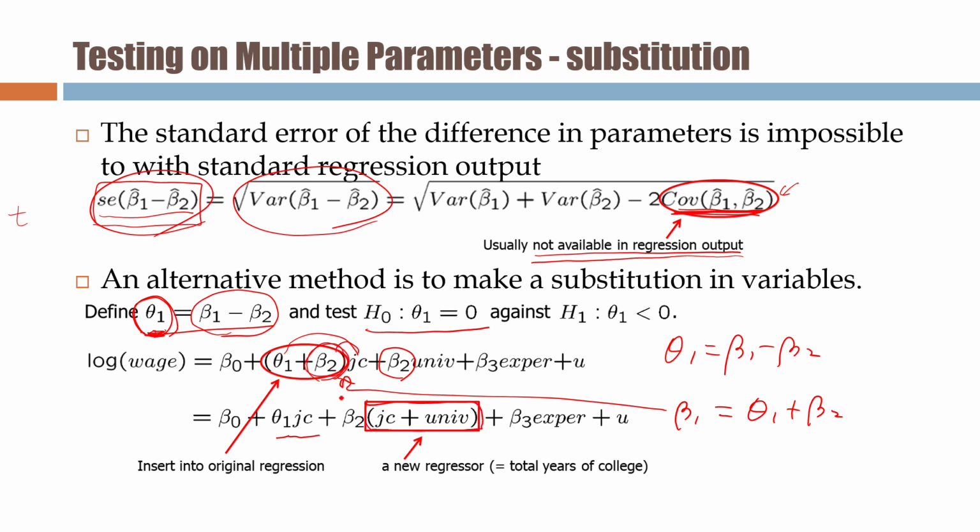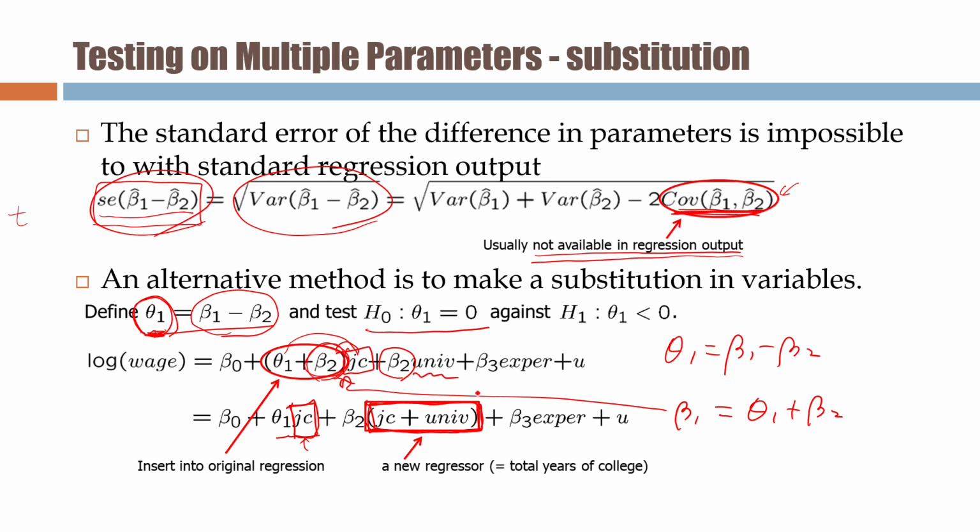So beta 1 times JC comes here, and beta 2 times JC, you can collect this one. So now this model means I can use JC as one of my independent variables. Originally our independent variable was university, but instead of using university, we will use this summation as the new variable.